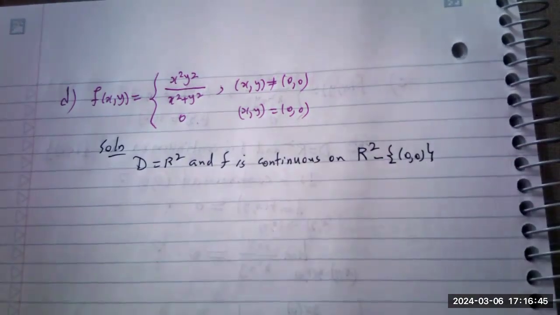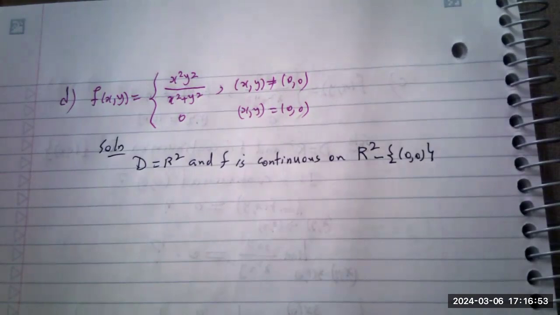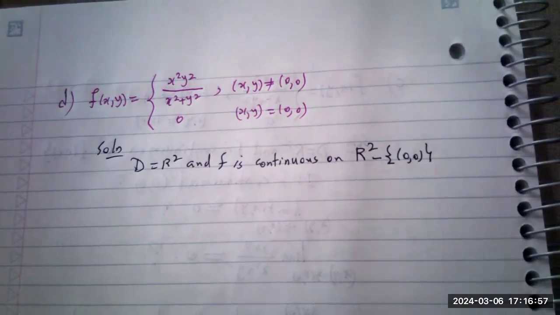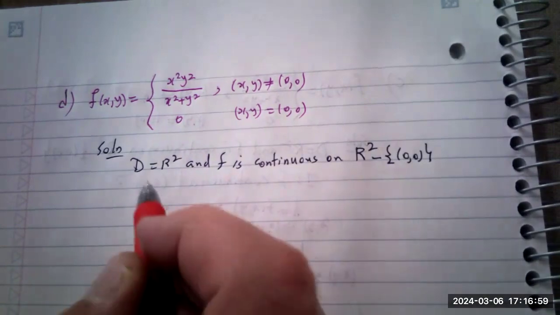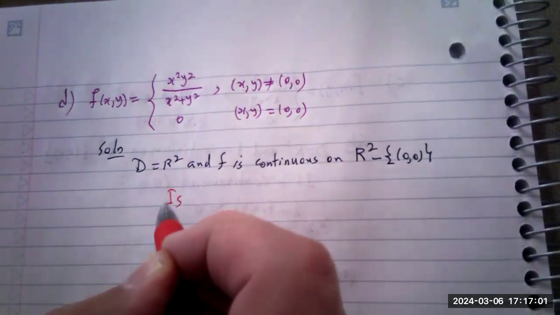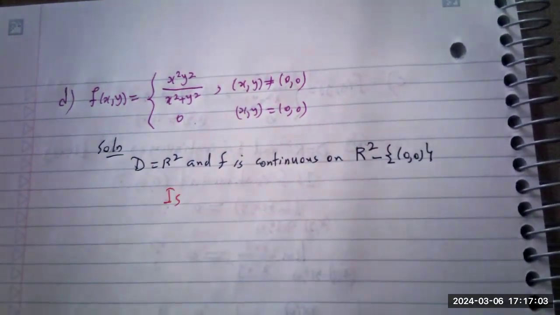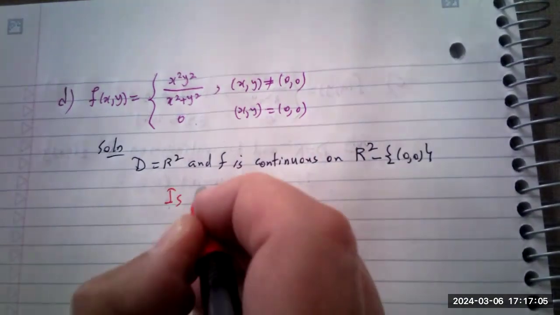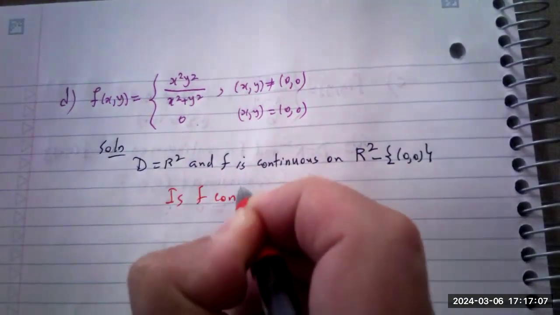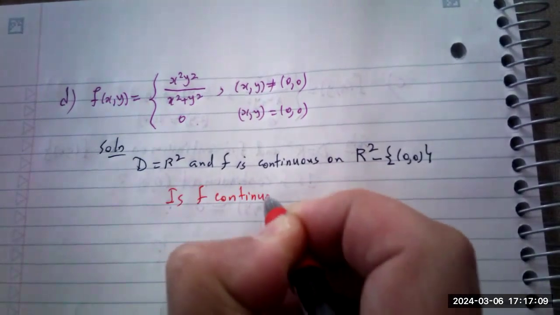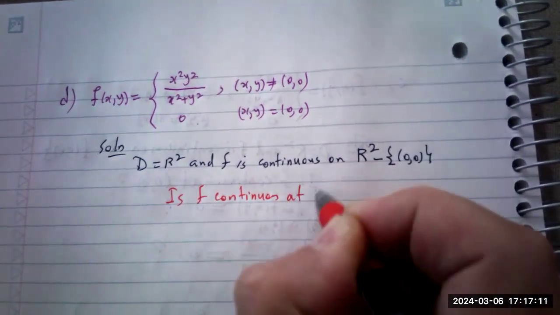Because if you exclude the 0, you have nothing to worry about. In that case, the denominator is not going to be 0. So the question is going to be, how about (0, 0)? Is f continuous at (0, 0)?